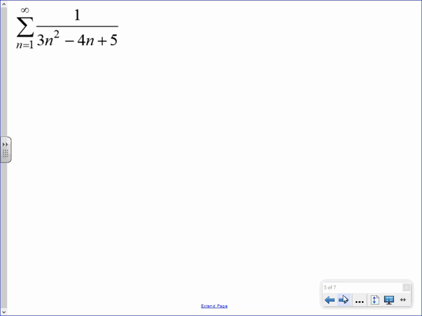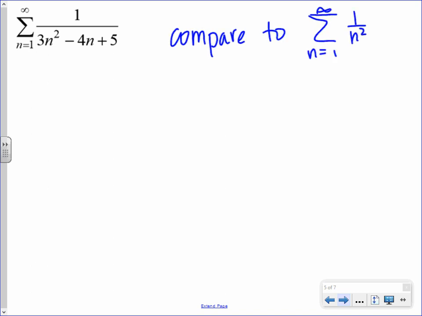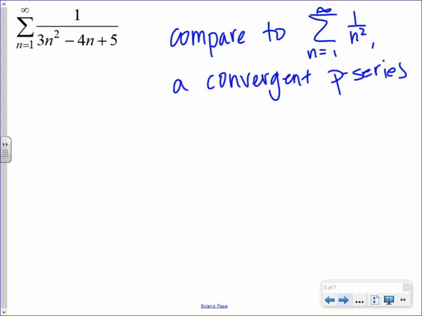Our highest term in the denominator is n to the second power. So, let's compare to 1 over n squared. I don't even care about the 3. A convergent p-series.